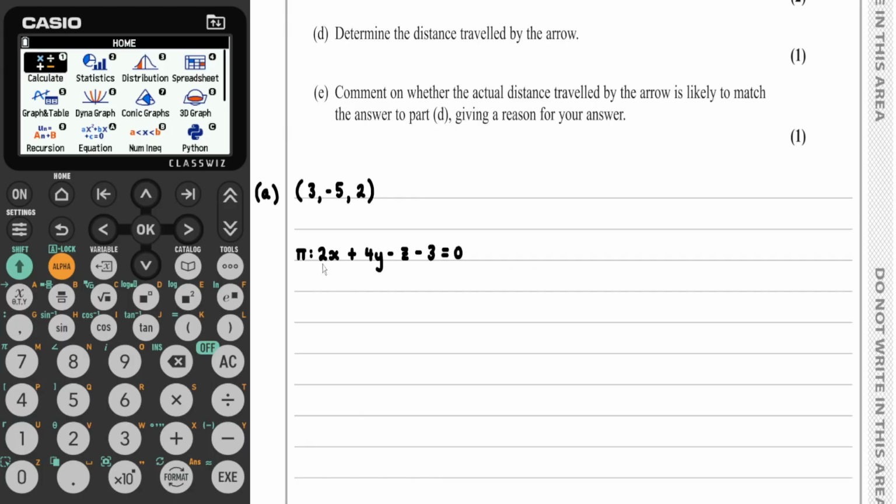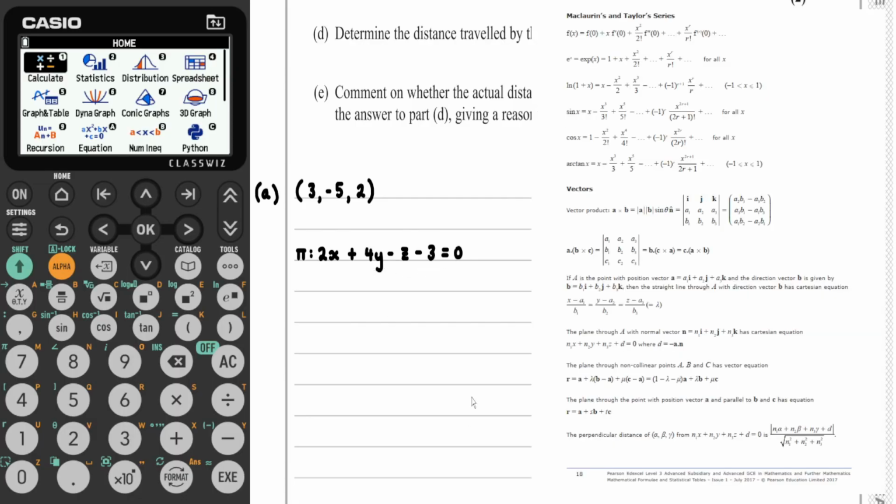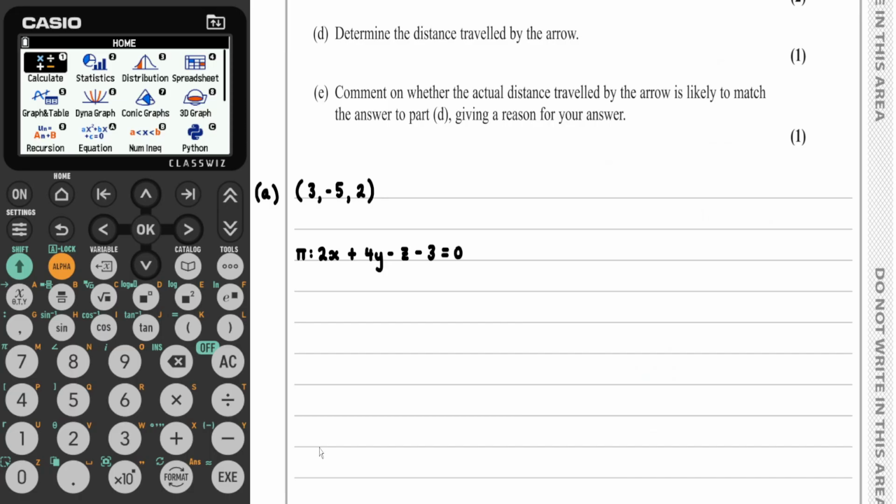I'm going to rewrite that as 2x plus 4y subtract z subtract 3 equals 0. We know that the perpendicular distance of (alpha, beta, gamma) from n1x plus n2y plus n3z plus d equals 0 is given by this formula here. And that of course would be the shortest distance.